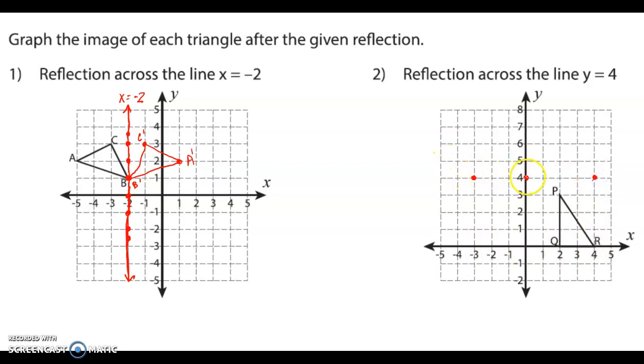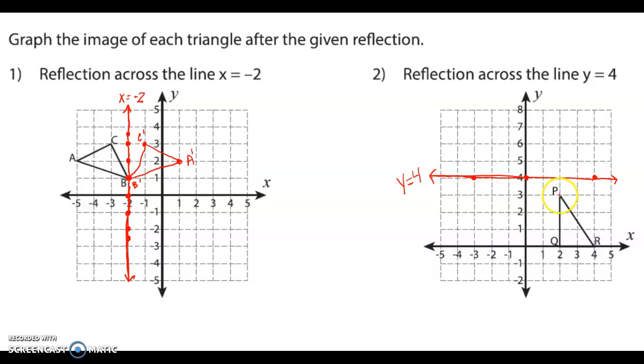So all the points that lie in the negative direction or the positive direction that have a y coordinate of +4 is what we're going to use as our line of reflection. So this line here is actually y equals 4. So now I need to plot P, Q, and R when reflected over this line.